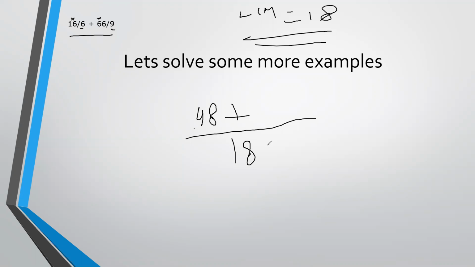For the next one, 18 divided by 9, that is 2. 66 into 2. Let me solve it in my mind. Okay, it's 132.